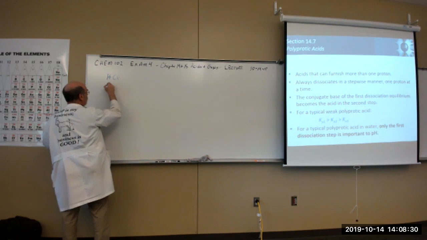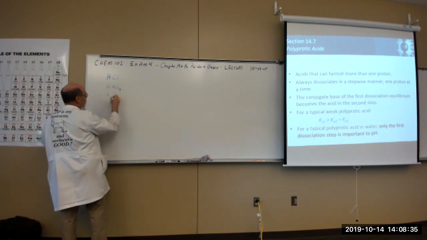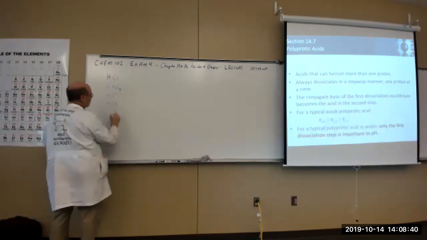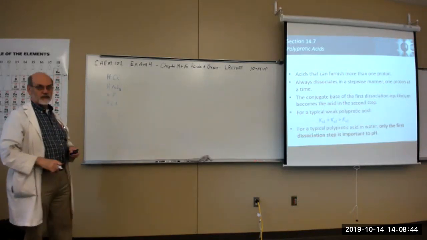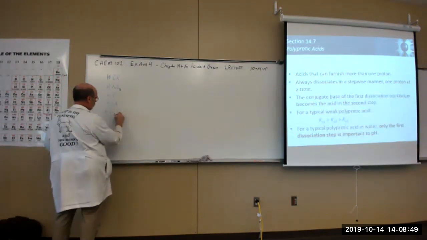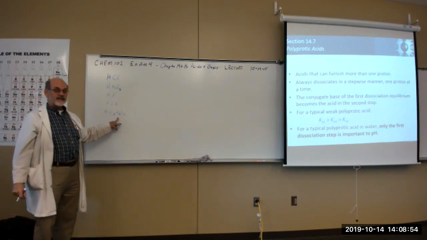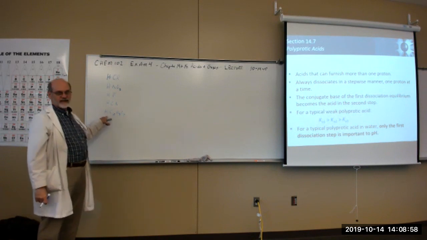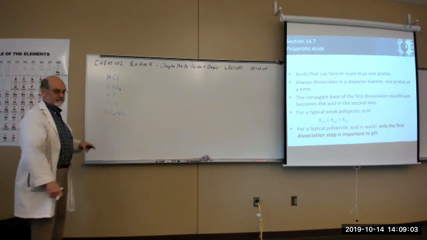Unlike this one, or this one, or this one, or whatever else, HCN that we've talked about, those are all monoprotic. Right? There's only one proton available. Or even if you have other hydrogens in there, those hydrogens are fixed. They cannot be dissociated. That's why we stick this one out here by itself. That says this only has one proton. Acetic acid. Okay?